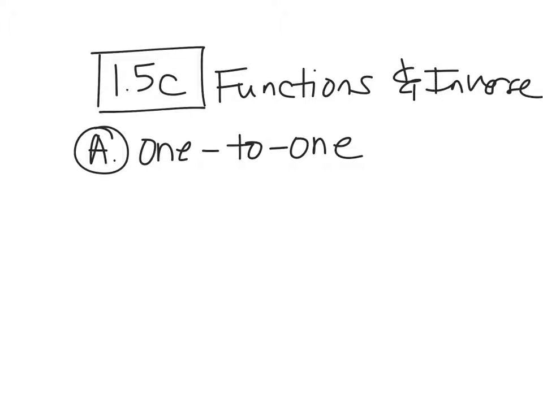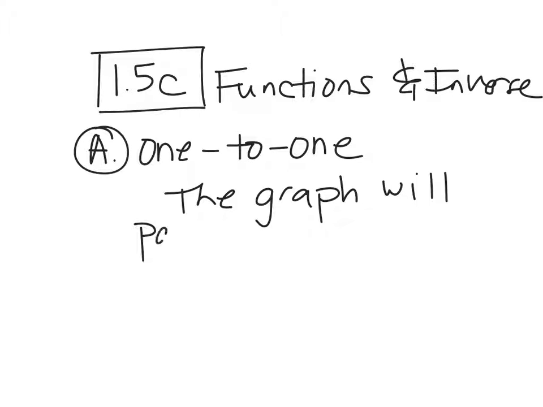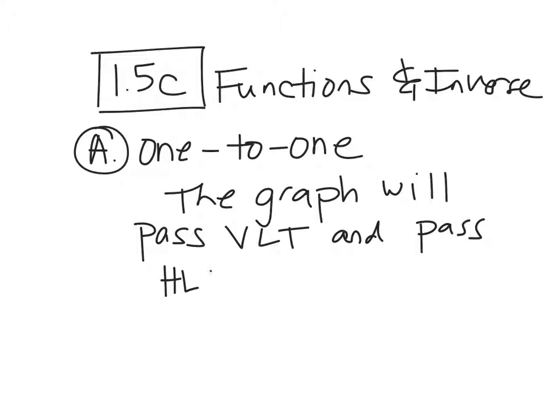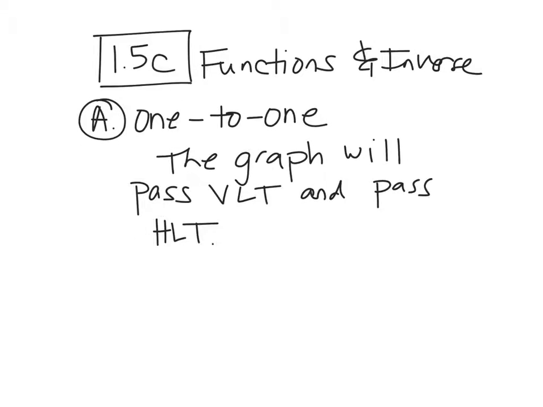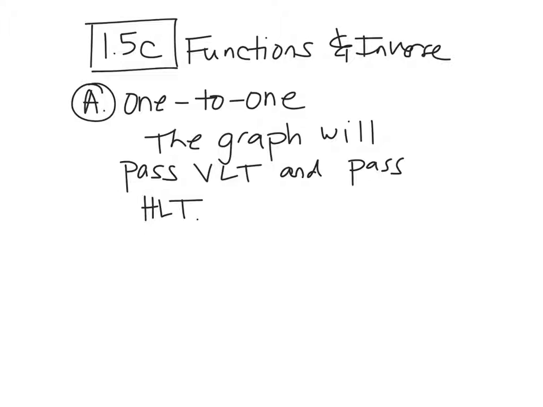One-to-one functions means that the graph of your function, first to be a function, the graph's going to pass the VLT, the vertical line test, but to be one-to-one, you're also going to pass the HLT. One-to-one means for every element in X, you're getting one in Y and vice versa.